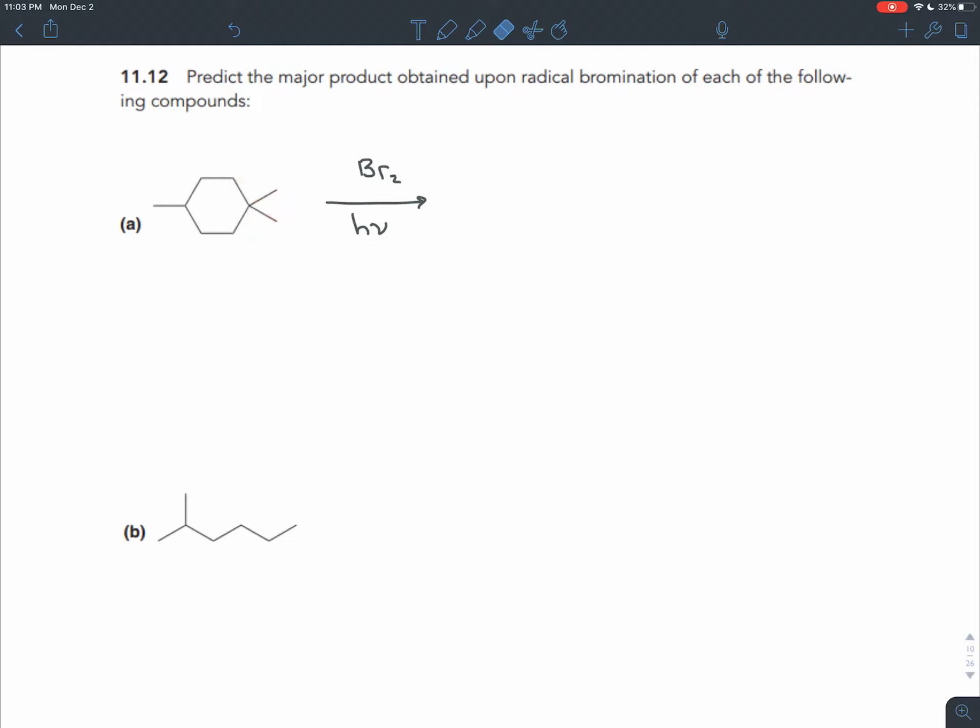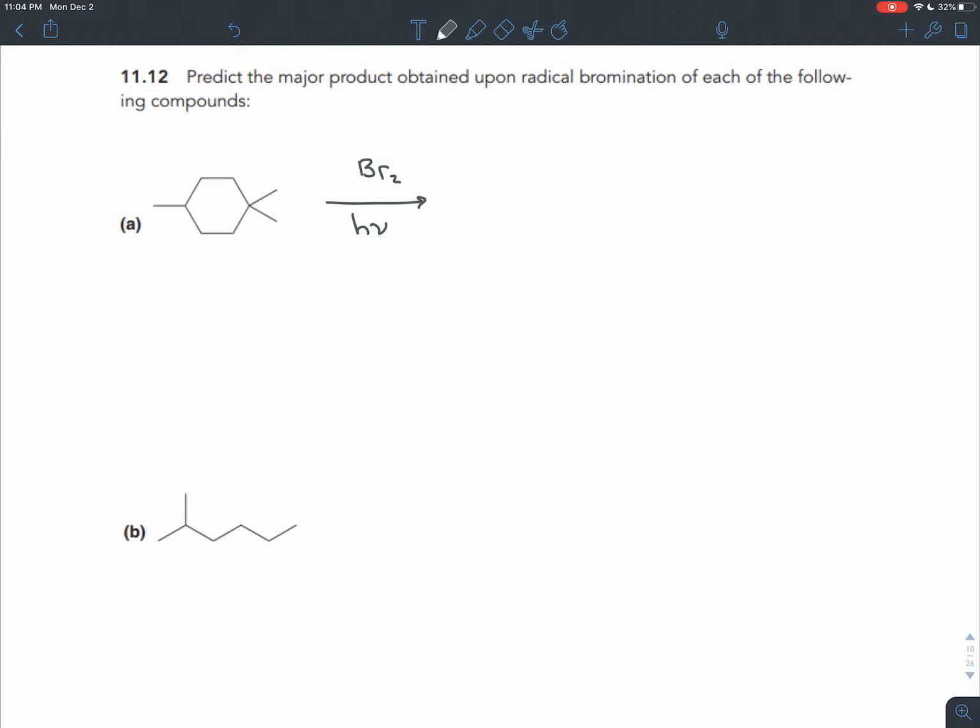But if you remember from the mechanism in the previous video, the radical halogens that you have after the light hits this and you get homolytic cleavage, those radical halogens rip off a hydrogen. They're so reactive that they react with the first thing they bump into.